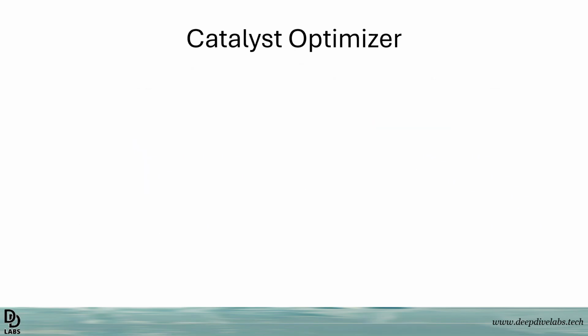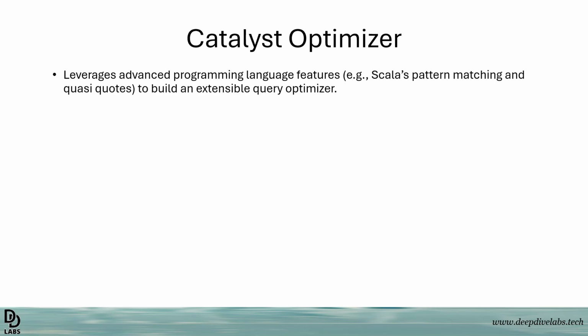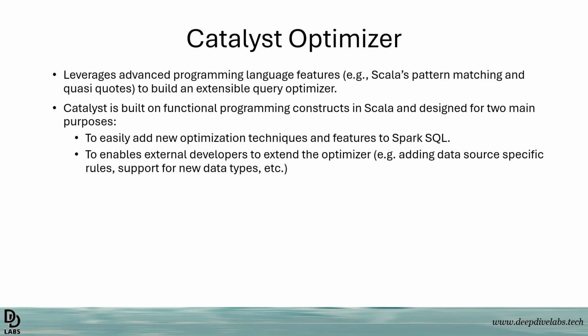Within the logical plan steps, there is the Catalyst optimizer, which is where most of the optimization happens. It leverages programming language features like the pattern matching system in Scala to build a query optimizer. Catalyst is built on functional programming constructs in Scala. There is procedural programming, and then there is functional programming.